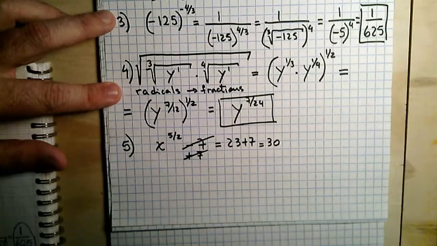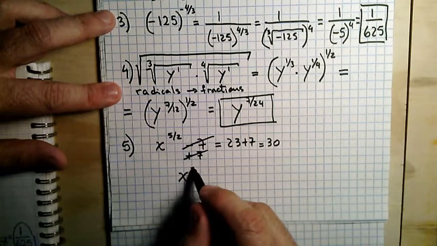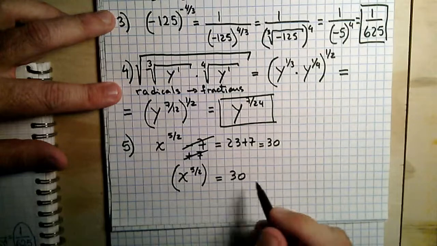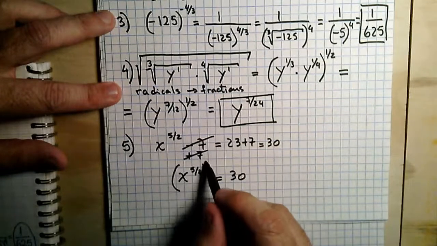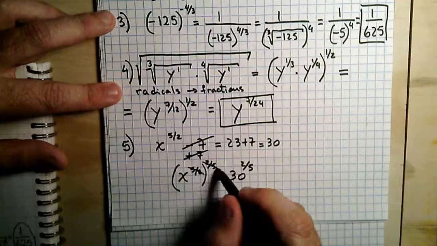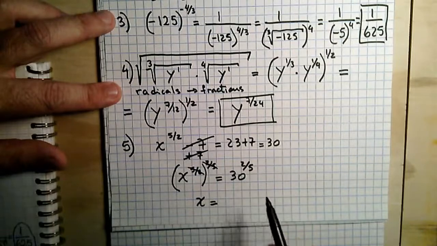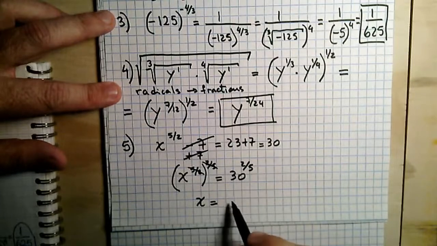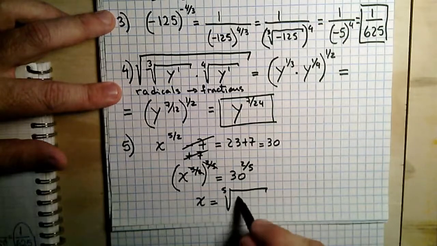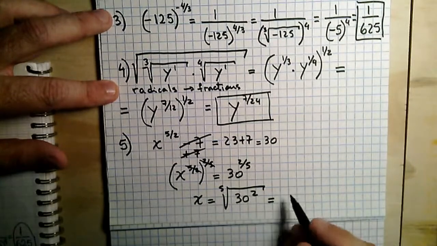So what I am going to do here is take x to the 5/2 and raise both sides to the inverse power, 2/5 and 2/5 here. Doing that, this is going to be cancelled, and then x will be the fifth root of 30 to the power of 2.